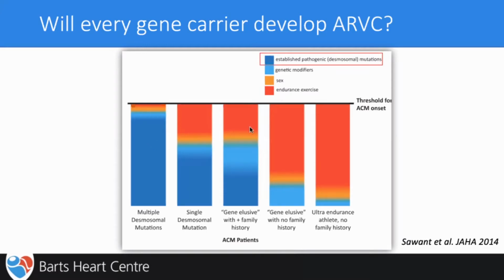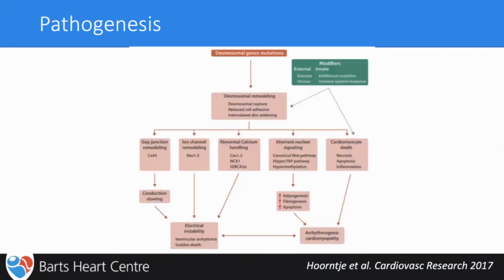But then, as you go to the single desmosomal mutations, or even in absent genetic information, you can see here that factors such as sex or exercise start taking up more effect on the expression of the disease and how much an individual will develop the condition.